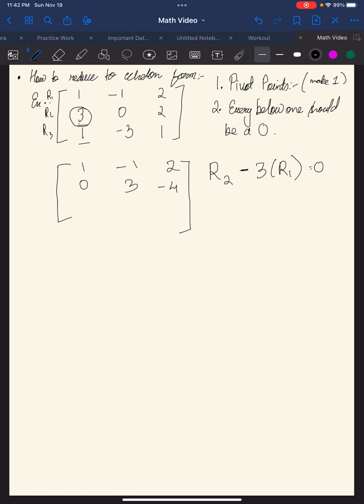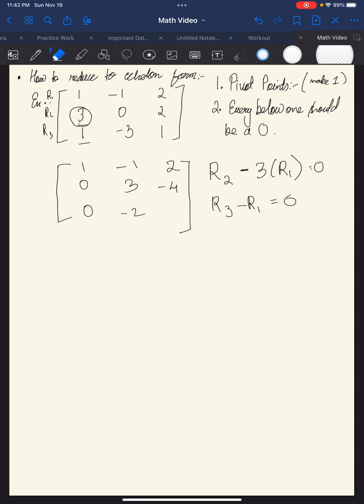Third row, the first entry is 1. How can we make it 0? Using row 1. We can do this. Row 3 minus row 1 will give us 0. Let's see if that's the case. 1 minus 1 will give us 0. Negative 3 minus negative 1 will give us negative 2.